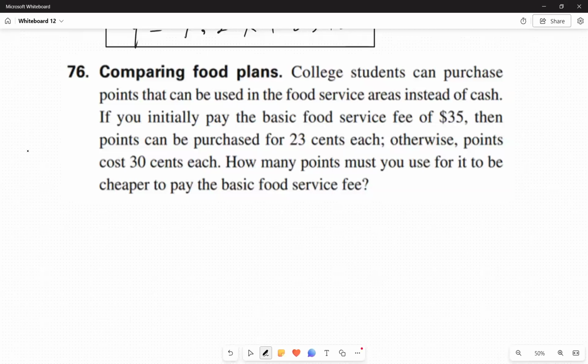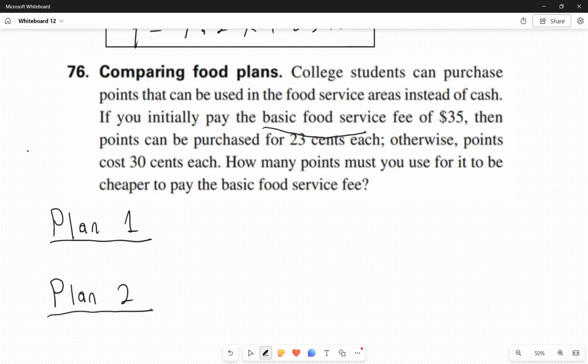I'm going to call them Plan 1 and Plan 2. So in the first plan, you have a basic food service fee of $35. Then points can be purchased for 23 cents each.